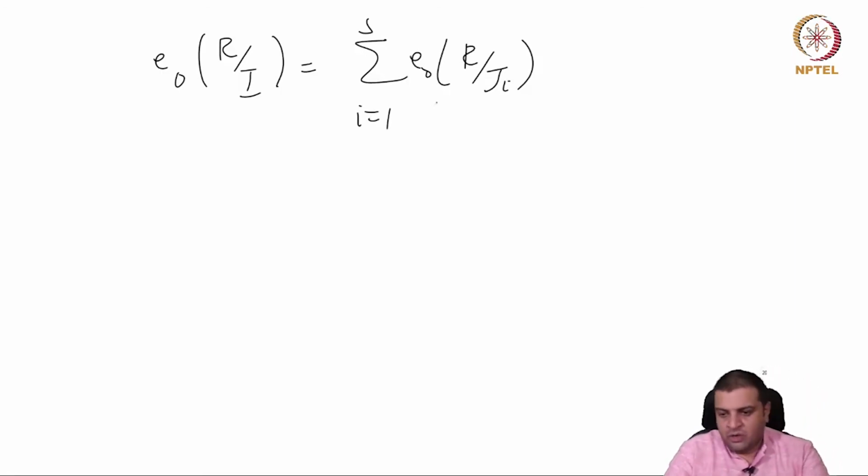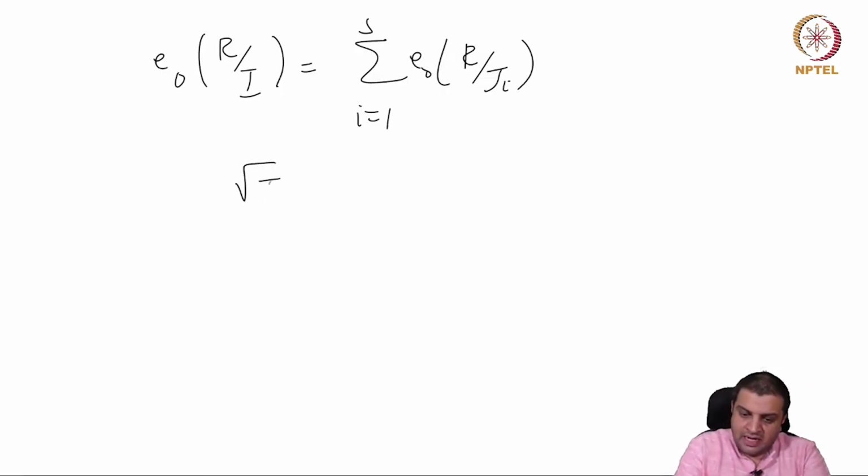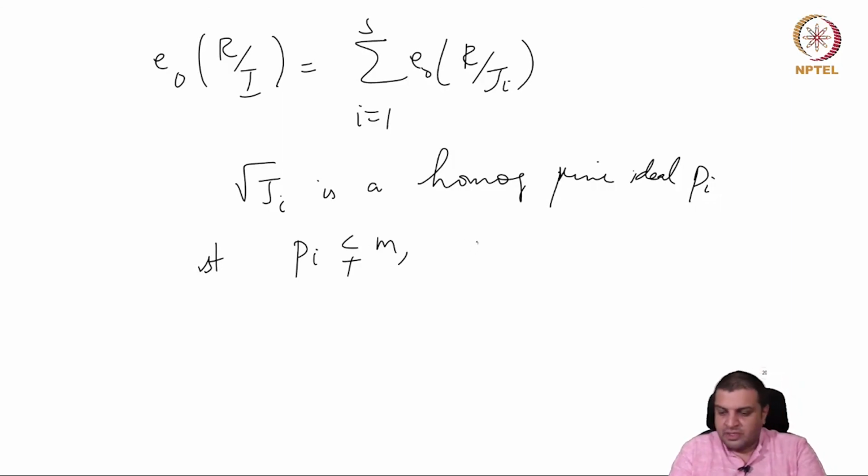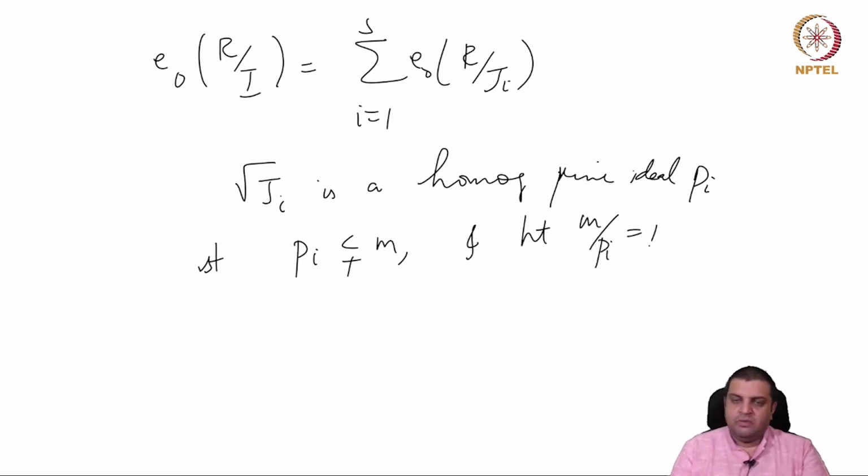Now for each of these, the radical of Ji is a homogeneous prime ideal, say Pi, such that Pi is not equal to M and there is nothing in between, and the height of M mod Pi is 1. So this is maximal in that thing. These are the closed points of the Proj.